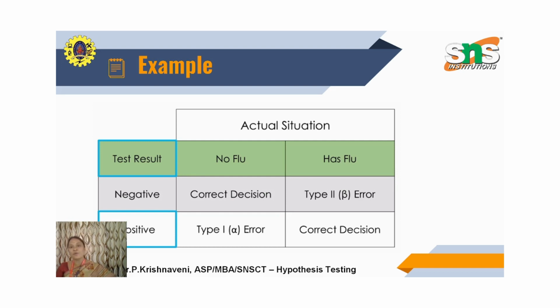And before making a hypothesis, we have to follow a set of rules. That is, what is our null hypothesis, what is our alternate hypothesis, what is our level of significance, and which factor is to be considered. All these things matter and we must know about the data types.